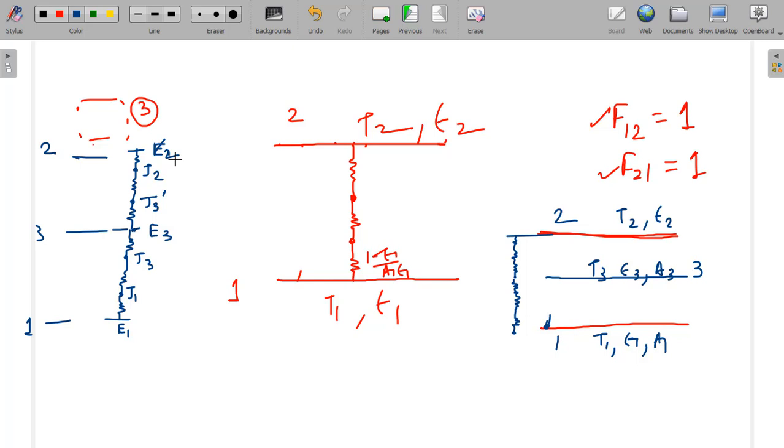So we have to solve this particular circuit to find out how much heat will be transferred from 1 to 2.